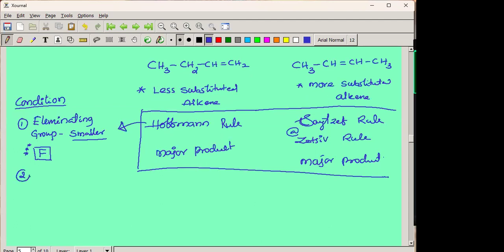Condition number 2. The first condition is that the eliminating group must and should be of small size. The second one is that the reagent is a bulky reagent.